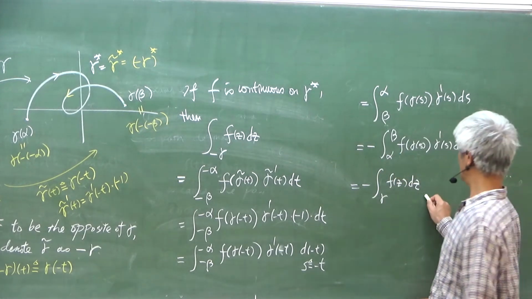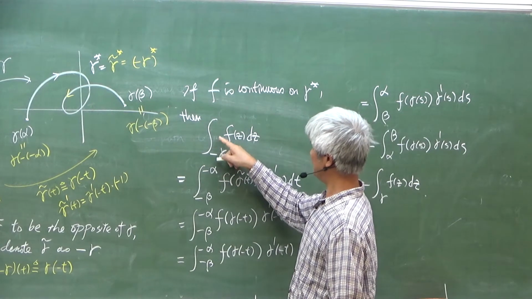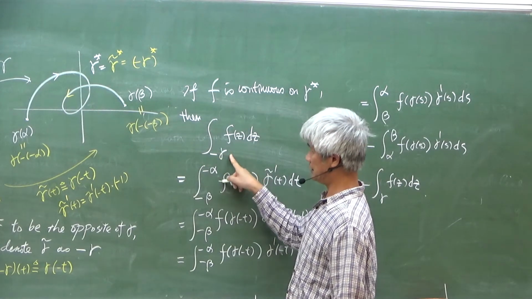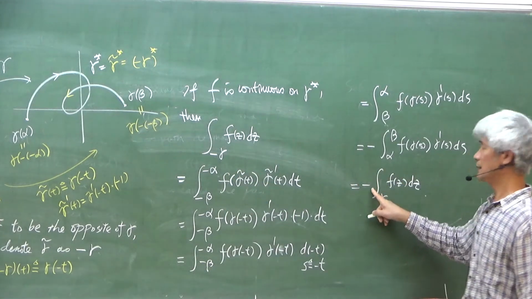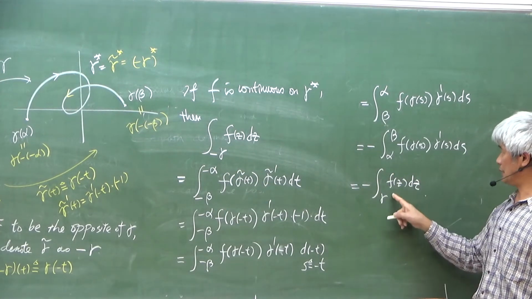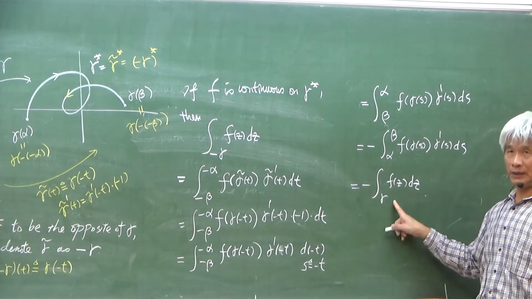So we have proved that if we evaluate the line integral along the opposite of gamma, the result is equal to minus the line integral over gamma itself.